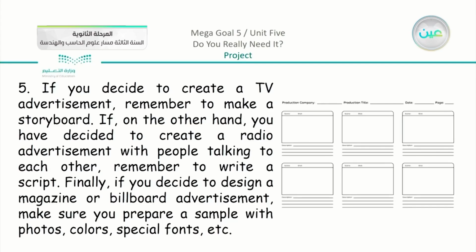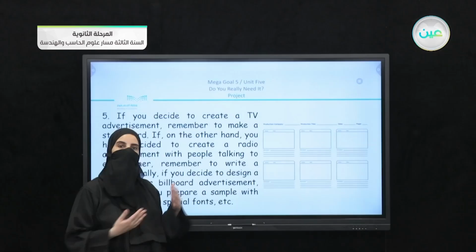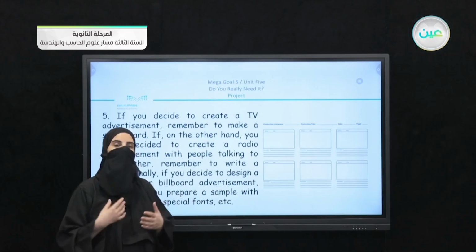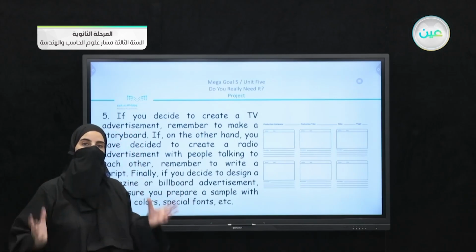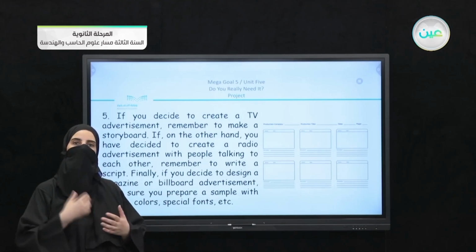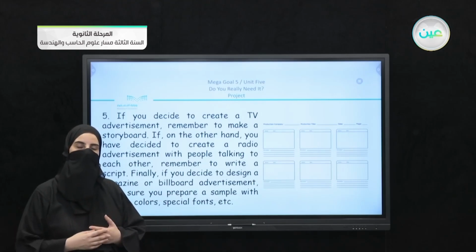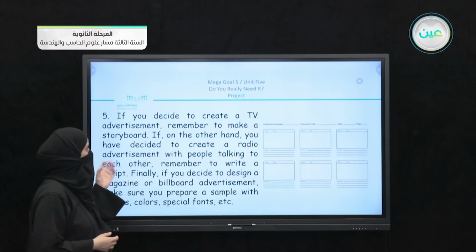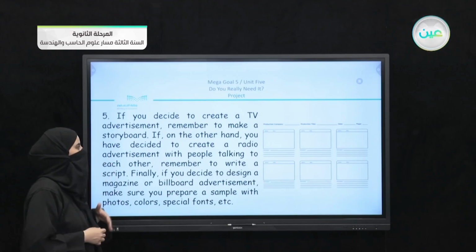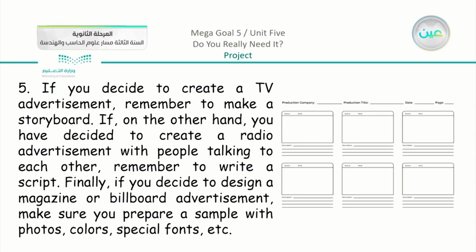Now you can see here in number 5, if you decide to create a TV advertisement, remember to make a storyboard. Now, do you remember when we took this type of storyboard in Unit 4? We had our project to create a complete storyboard about a kind of movie or genre. So we have here, if on the other hand, you have decided to create a radio advertisement with people talking to each other, remember to write a script.